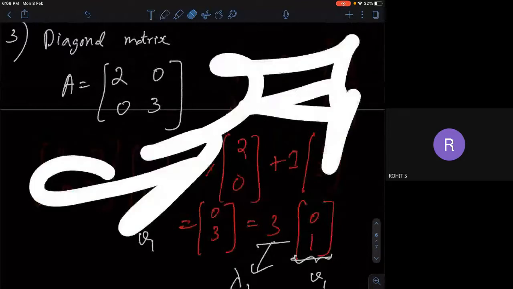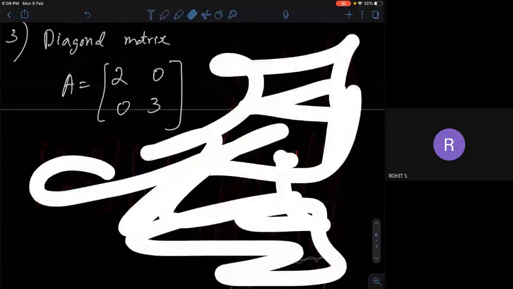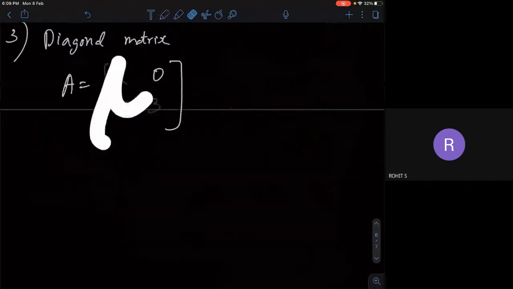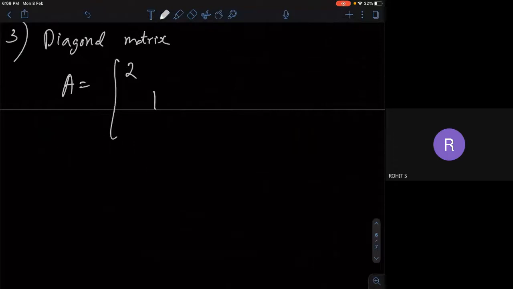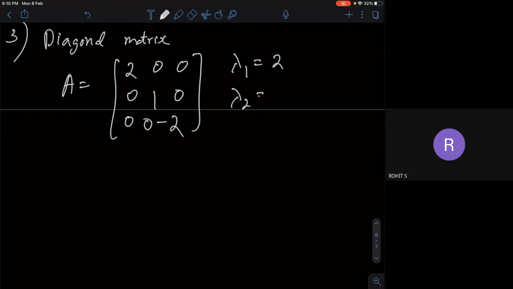Okay. So even if I had extended this to a bigger matrix, a diagonal matrix: 2, 1, minus 2, and zeros elsewhere. What are the eigenvalues? Again, lambda 1 is equal to 2, lambda 2 is equal to minus 2, and lambda 3 is equal to 1.